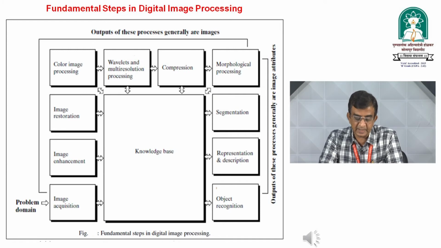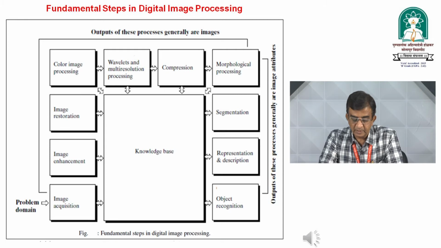The next step is recognition. Recognition is the process that assigns a label such as, for example, computer to an object based on its descriptor. Now, the last one is that knowledge about the problem domain is coded in an image processing system in the form of a knowledge database.